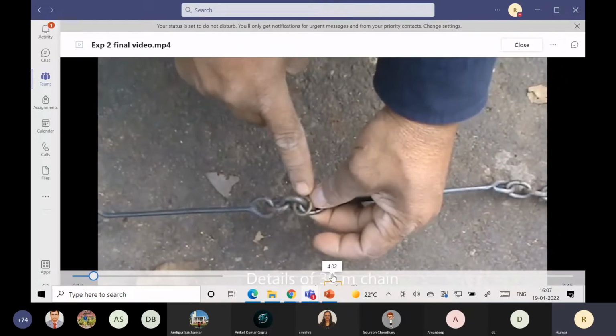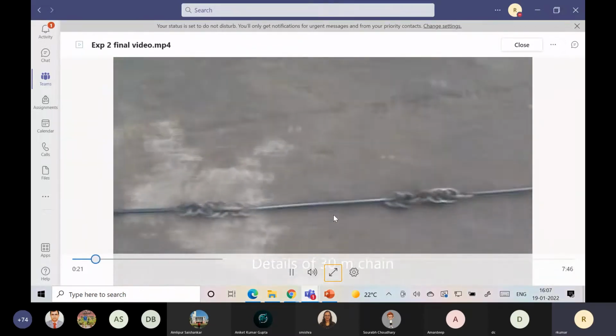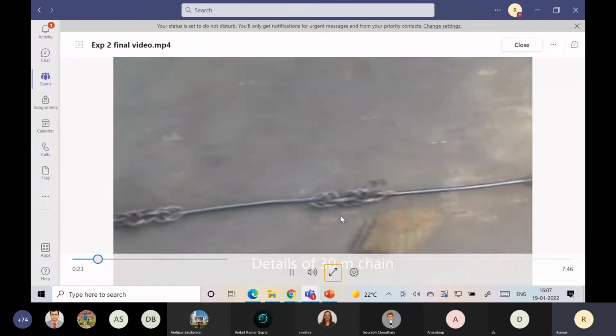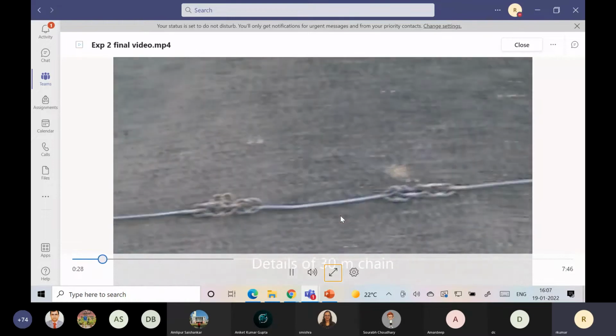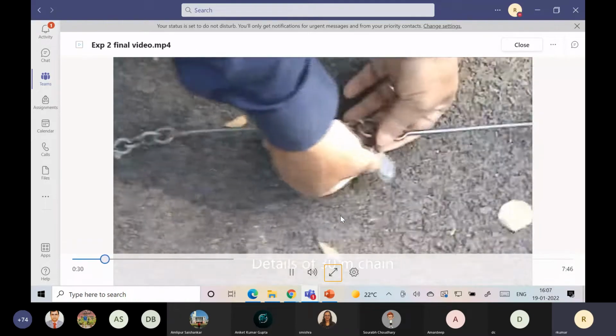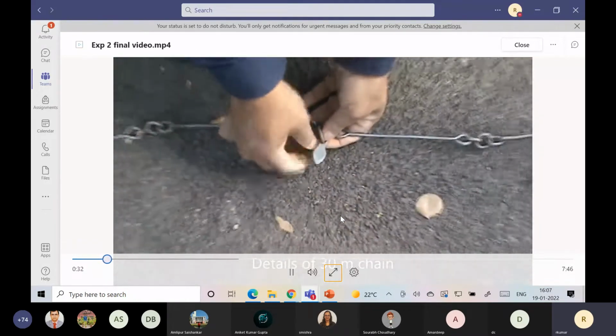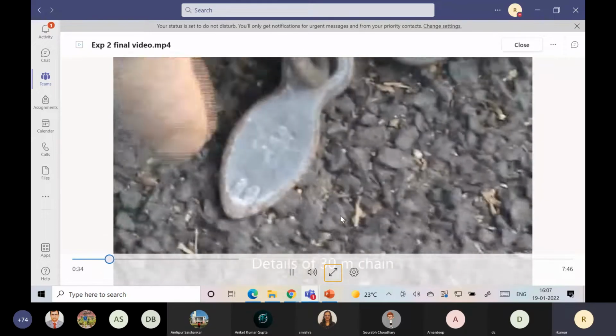So this is 1 meter, okay? Yeah, this is 5 meter, right? Down level.